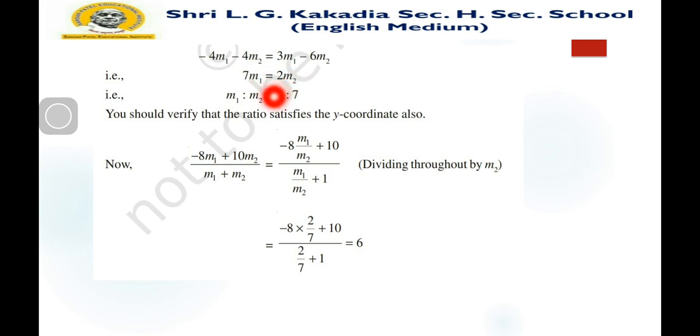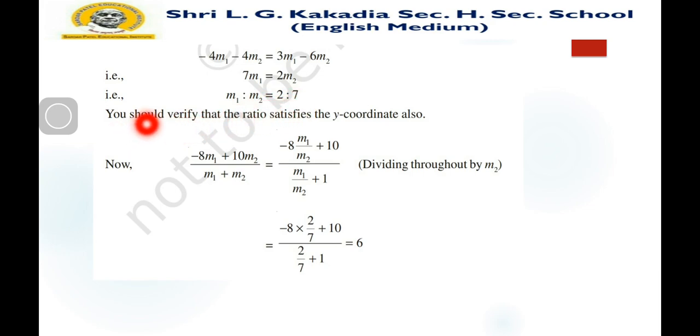Let us move m2 here and 7 here, so we find m1 is to m2 is equal to 2 is to 7. This means the point (-4, 6) divides the given points A and B in the ratio m1 is to m2 equal to 2 is to 7.